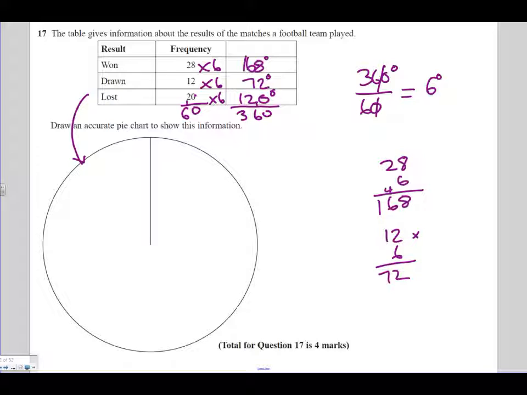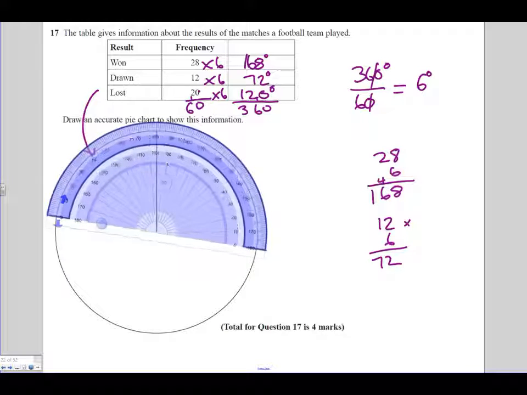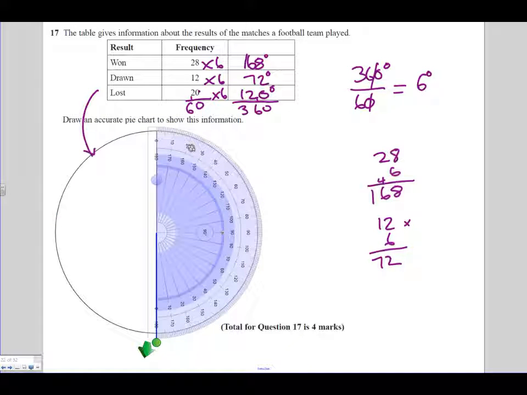So now we get a protractor and we plot our angles. Place the crosshairs of the protractor on the center of your circle and then line up the reference line they've given you with 0. So to plot our first angle for won, we need to go round 168 degrees. So starting with 0 here, read round 168 and put a little marker where 168 is.